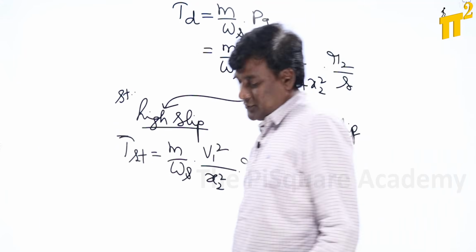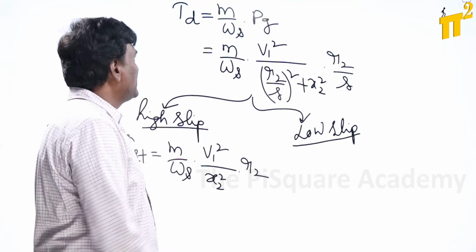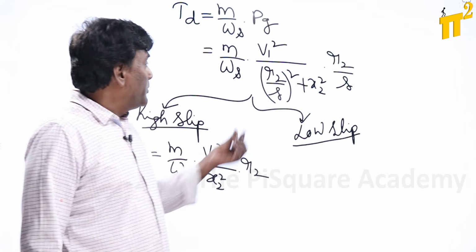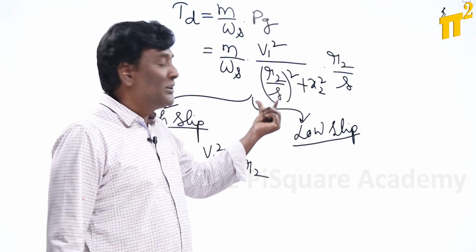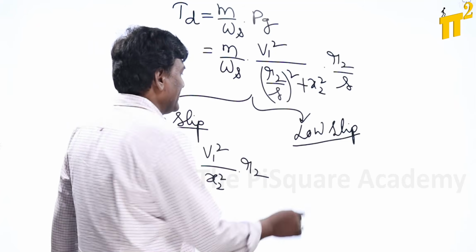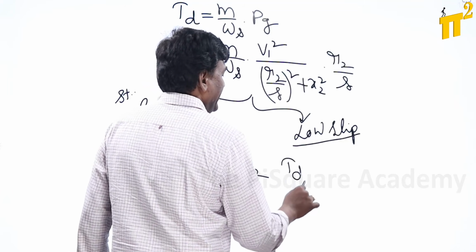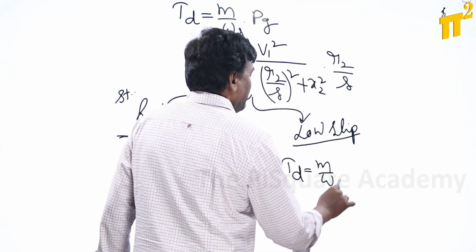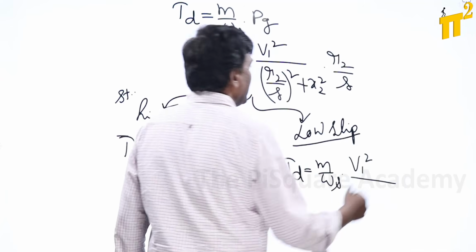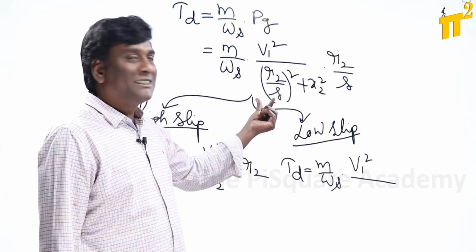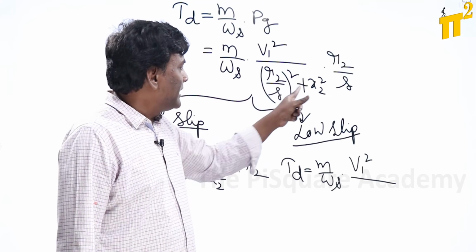Now in the low slip region, slip is going to be less. If slip is less, R2 by S is going to be more, so X2 you please neglect. So TD is going to be m by omega s into V1 square divided by R2 by S, which is more compared to X2, so we neglect X2.